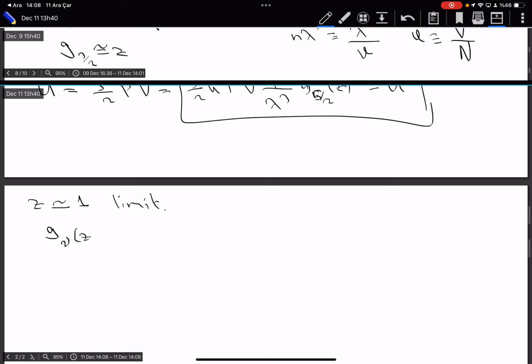So this is almost G nu at Z equal to 1, which, if you like, is the sum over n from 1 to infinity of 1 over n to the power nu. Does anybody recognize this function?